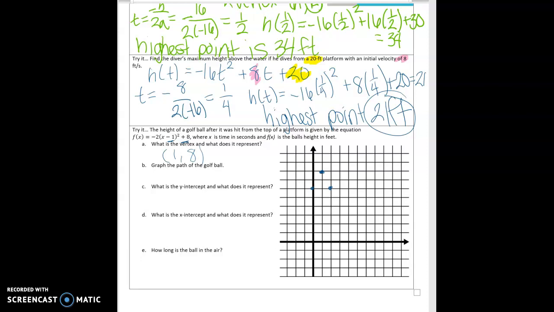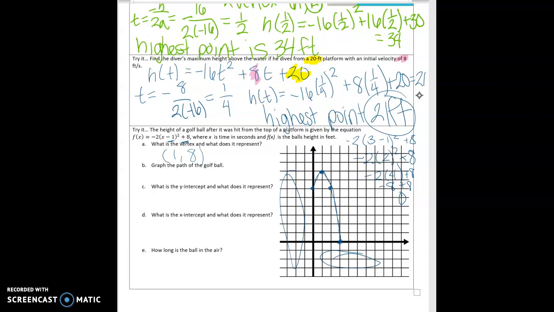So we're going to plug in, let's say, 1, 2, 3 into here and then see what we get. So go ahead and try that. See my work here, I plugged in 3 and I ended up with 0. So 3 is 0, which means that my graph goes like this. And we don't have to worry about the negatives because we can't have negative feet and we can't have negative time. So we only need this part of the graph right here.